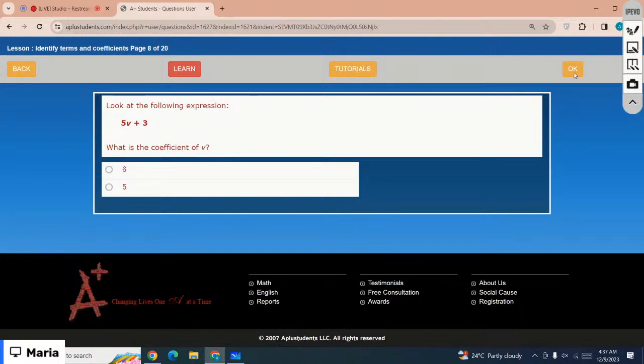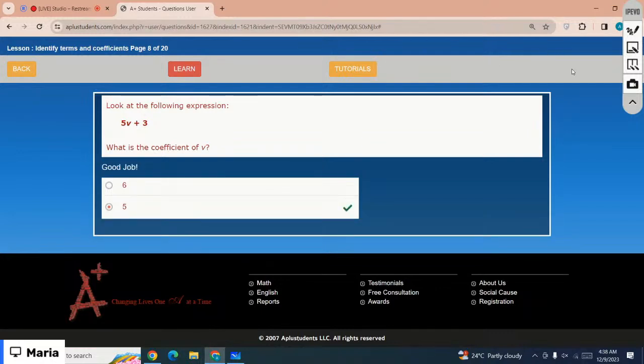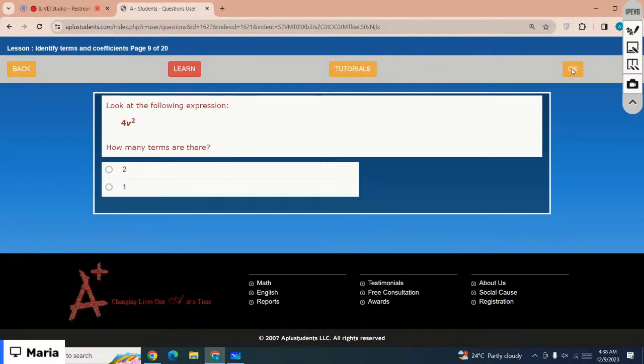Look at the following expression. What is the coefficient of v? Which is the correct option? Yes, it is 5. Look at the following expression. How many terms are there? Which is the correct option?